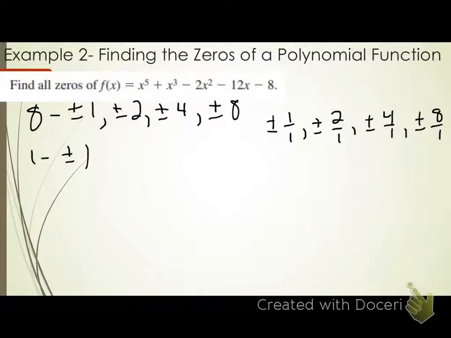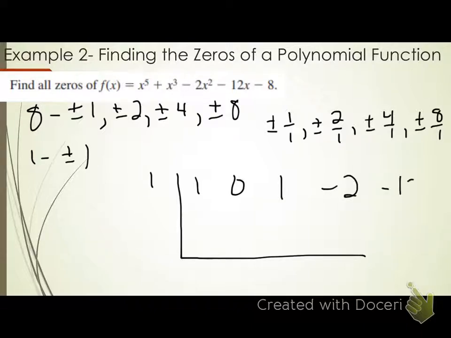So let's check positive 1 first. My coefficients are 1, 0, because I don't have that x to the 4th term, 1, negative 2, negative 12, negative 8. We're testing our solutions now.